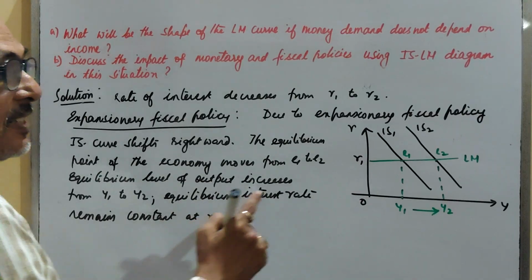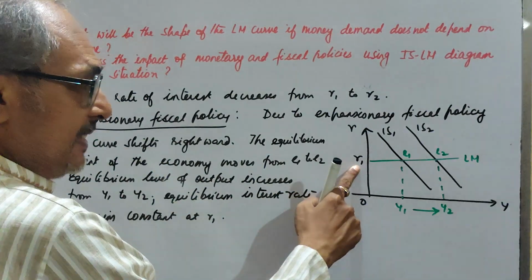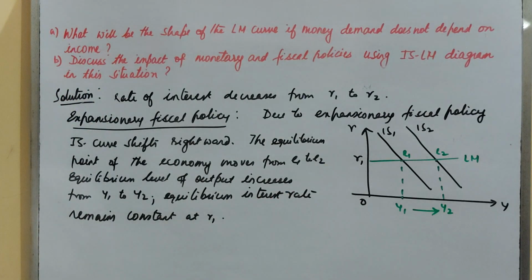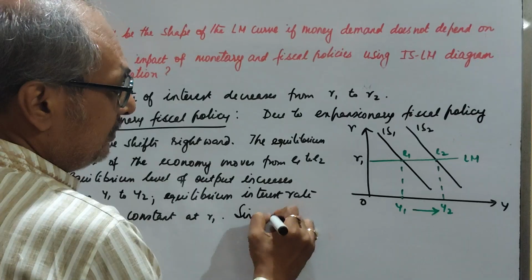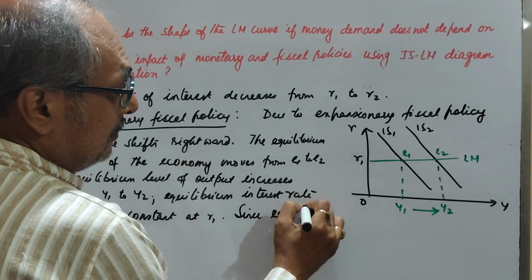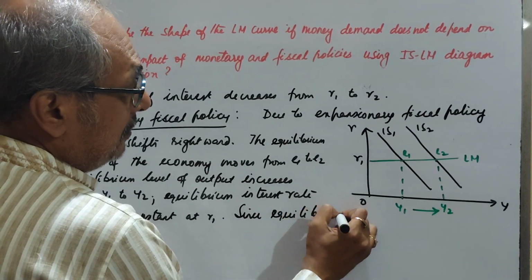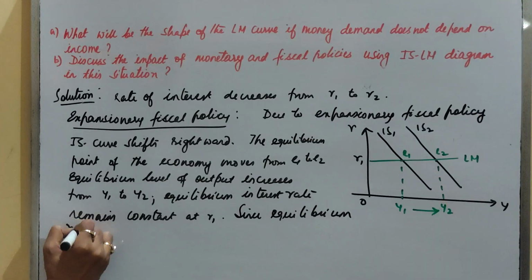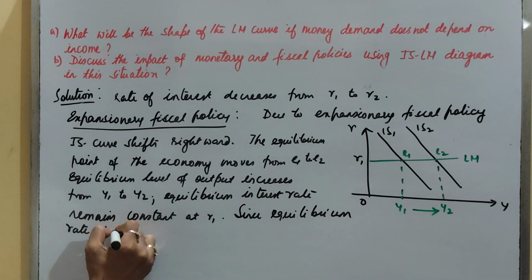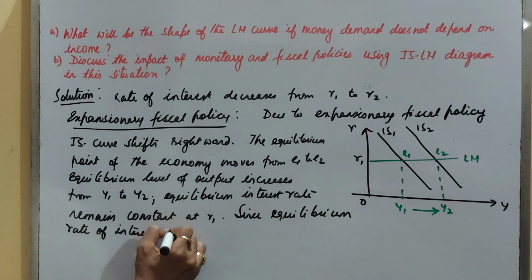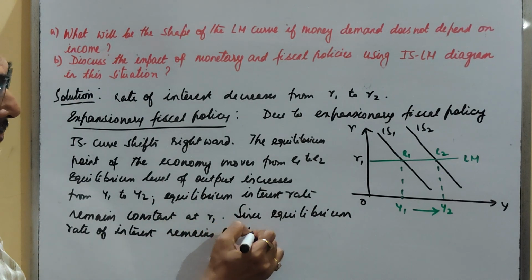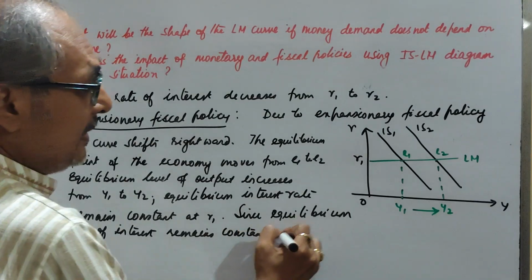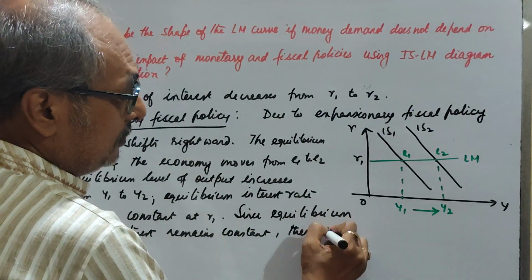Since the equilibrium rate of interest remains constant, there is no crowding out.